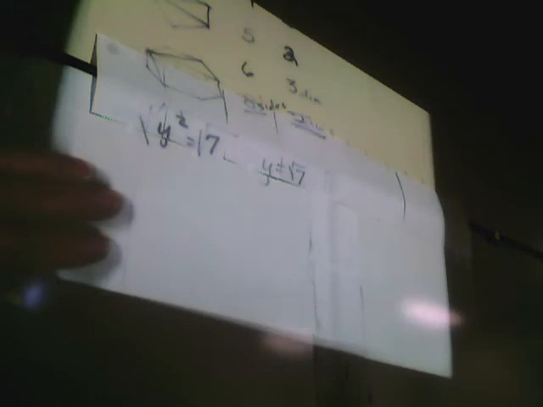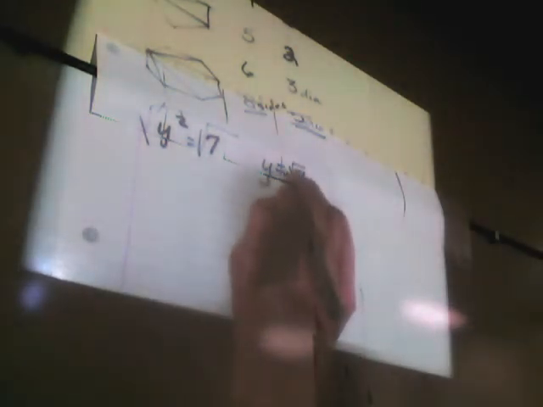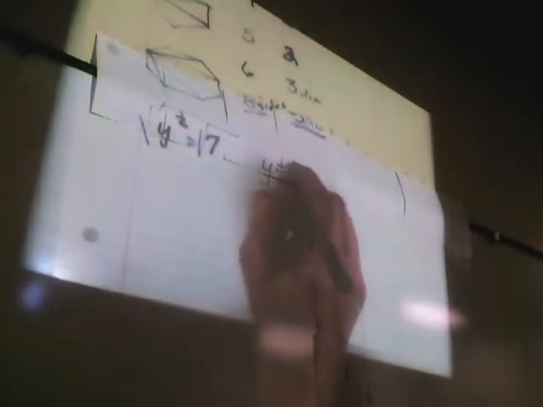And it says to express it in simplest form. So just put plus or minus the square root of 7. If you were able to divide it up, like if it was the square root of a perfect square, let's do one like that. So y equals a positive or negative square root of 7.